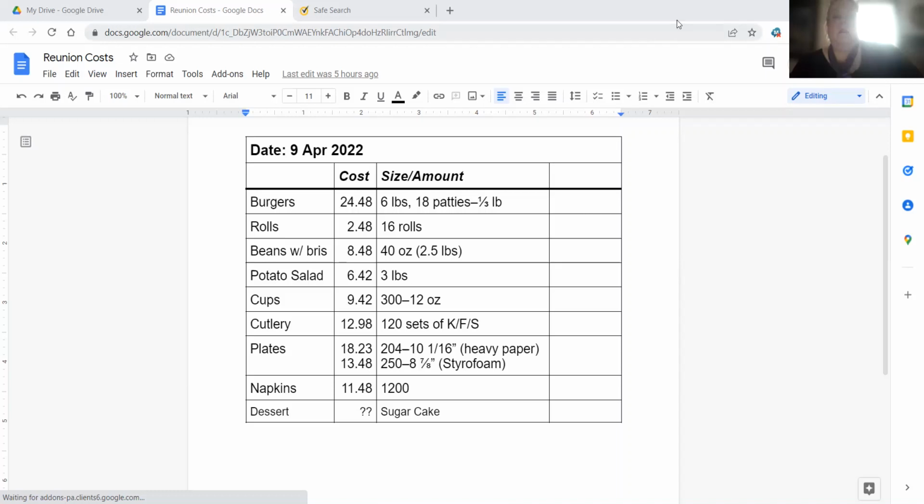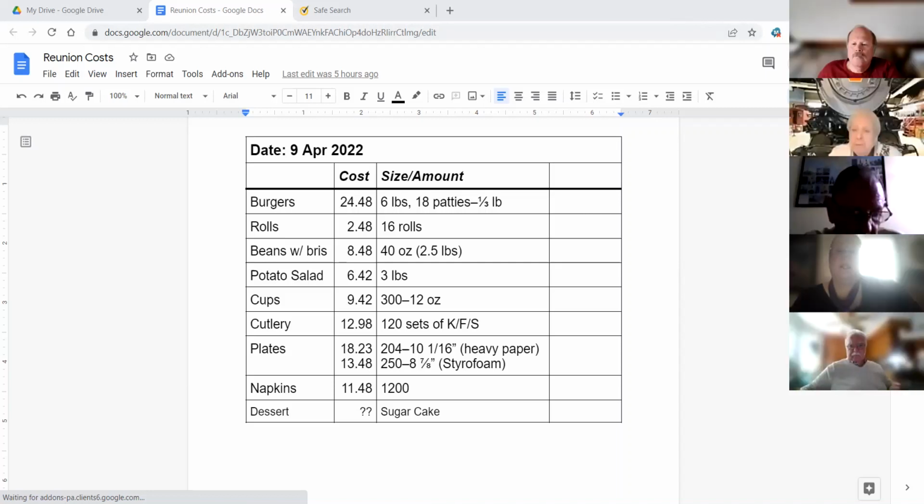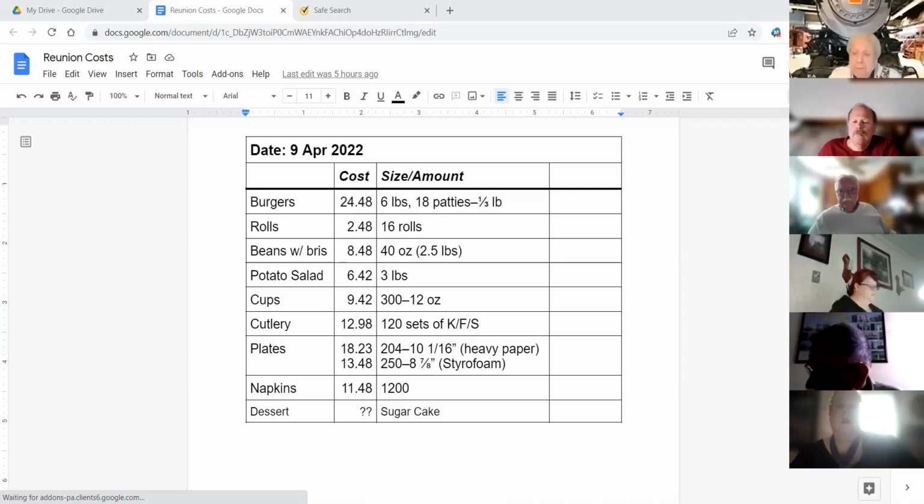But if we are going to go forward, if we're doing burgers and hot dogs, if we're doing a picnic like this, and we say it's going to be 50 people, it might be a little less, it might be more, but if we're going to estimate at 50, at least we can find out how much it would cost for 50 people.